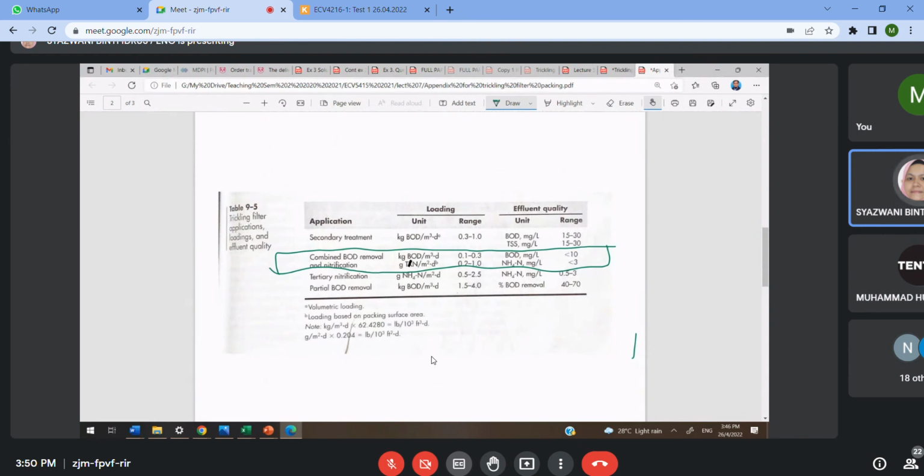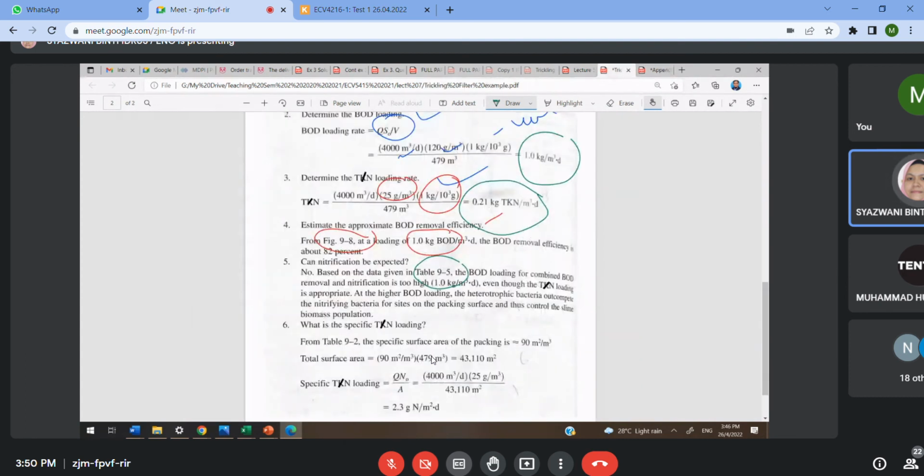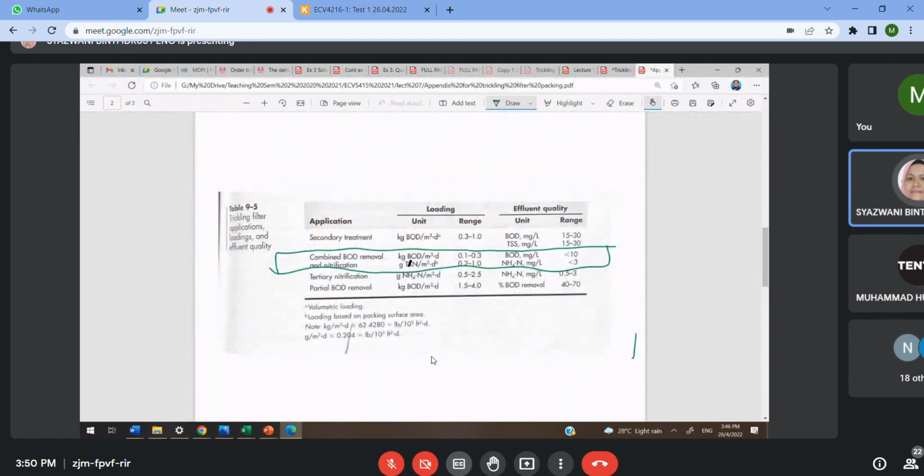Nevertheless, since one of them does not fall within the range, nitrification cannot be expected. Unless your BOD loading is 0.2 and your nitrogen is 0.21. Since both fall within this range, nitrification can be expected.